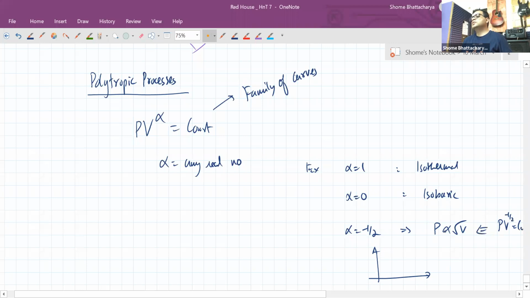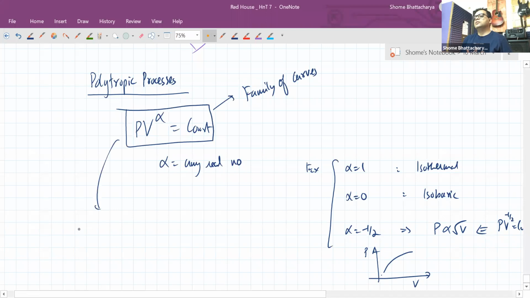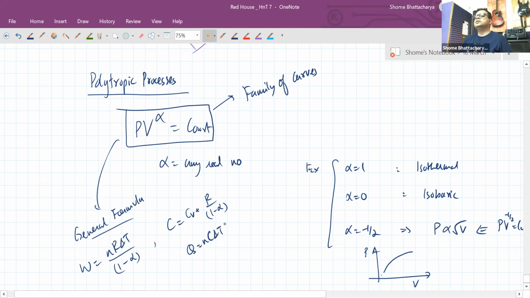So this process will look like this. For these processes, we will develop the general formula that work done is nR delta T upon 1 minus alpha, and molar specific heat capacity is Cv plus R upon 1 minus alpha. So Q is equal to nC delta T.